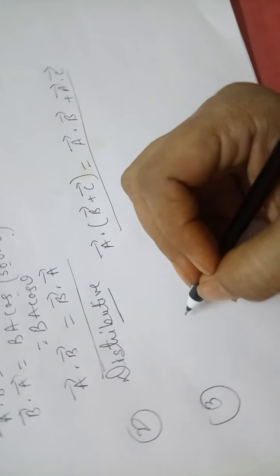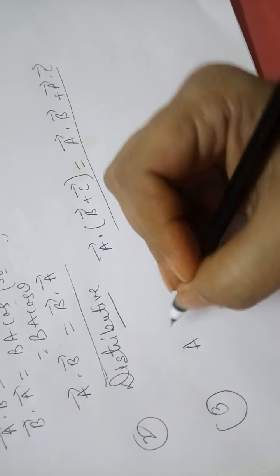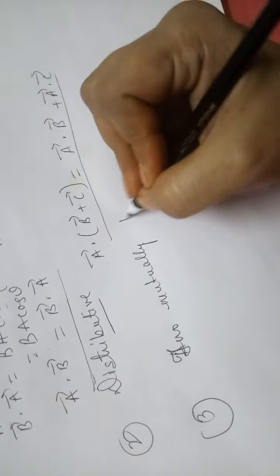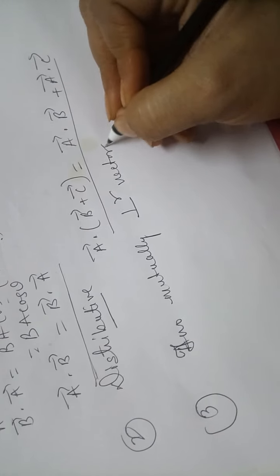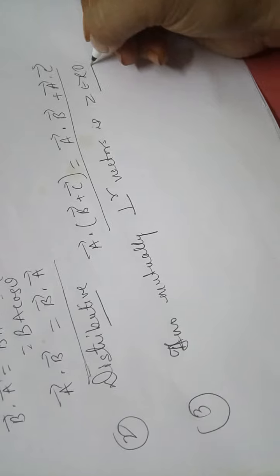That is the scalar product of two mutually perpendicular vectors. Let us assume two mutually perpendicular vectors a and b. This is the sign we write for perpendicular vectors, and the scalar product is 0. What does it mean?